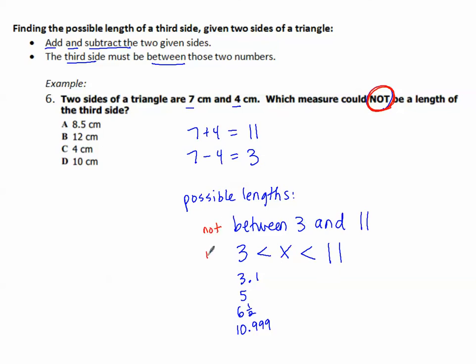Not 3.1. Not 5. Not 6.5. Not 10.999. This is between 3 and 11. This is bigger than 11. Ding, ding, ding. We've got it. 4 and 10, also between 3 and 11. Thanks for playing.